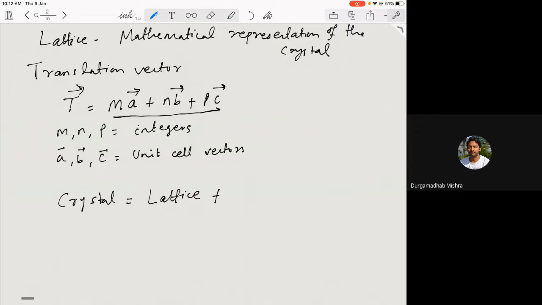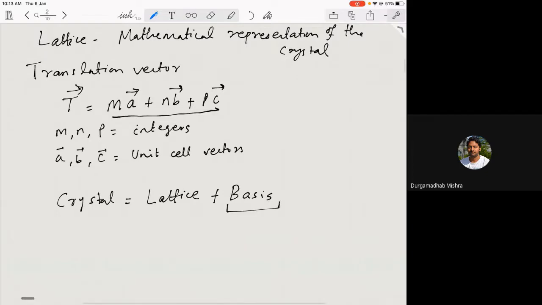Just taking points is only a mathematical representation, so there is no physical meaning to it. A crystal will have a physical meaning only when it is associated with some atoms or molecules, and that is what is normally called a basis.